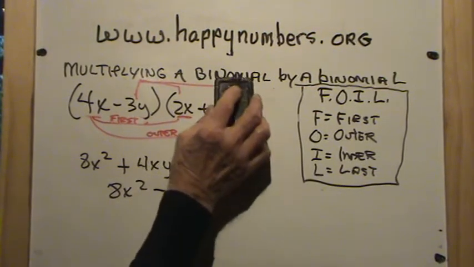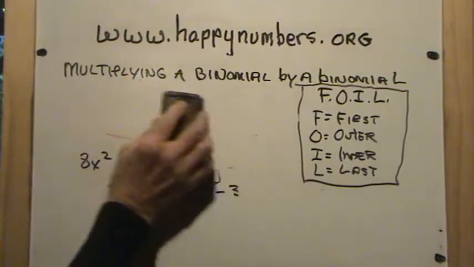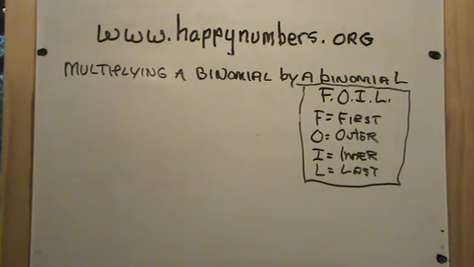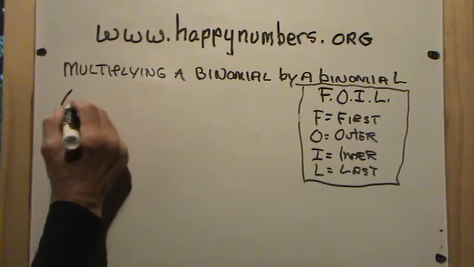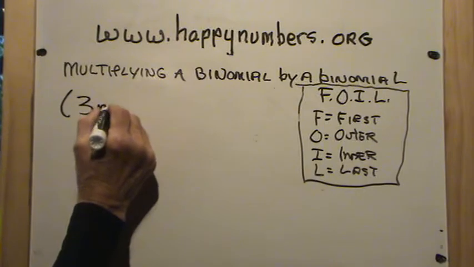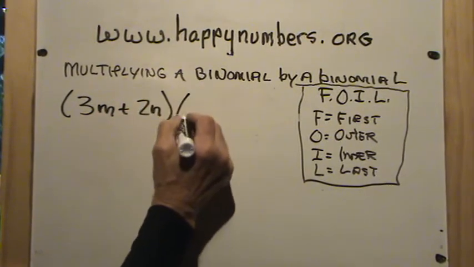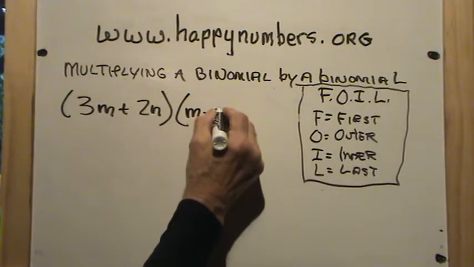So let me give you some problems using this FOIL method, and we'll see how you do. Actually, you know what I'm going to do? I'm going to put up this problem. 3m plus 2n times m minus n.